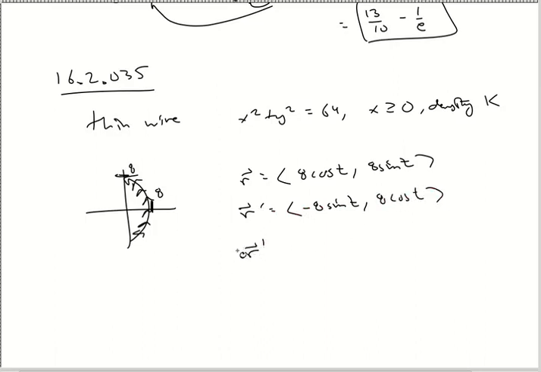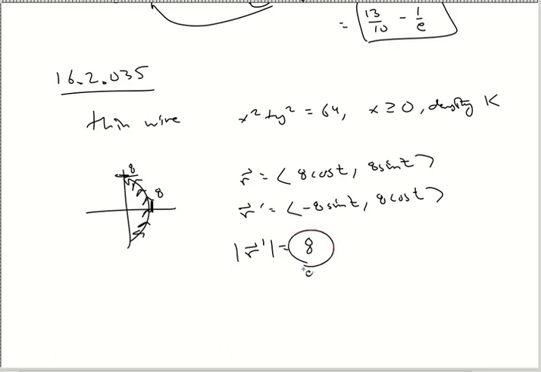So the magnitude of r prime, which I'm pretty sure I'm going to use here in a second anyways, is going to be the square root of this stuff. Basically, if you're thinking about the magnitude of r prime, you're looking here and trying to find your radius. It's basically a circle as well, and your radius is going to be simply an 8. So we'll be using that 8 here in just a moment, I'm sure.